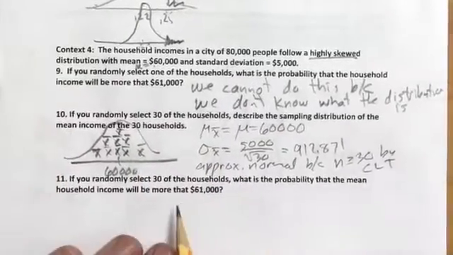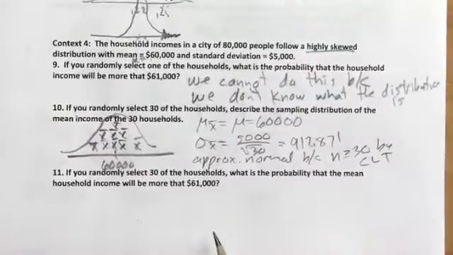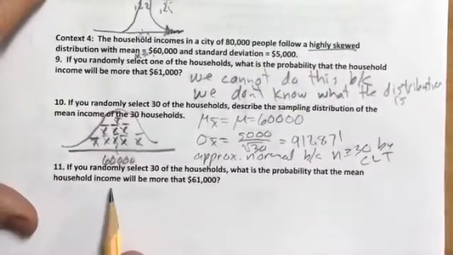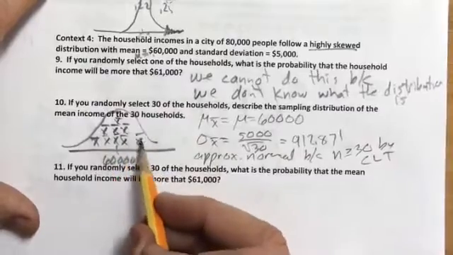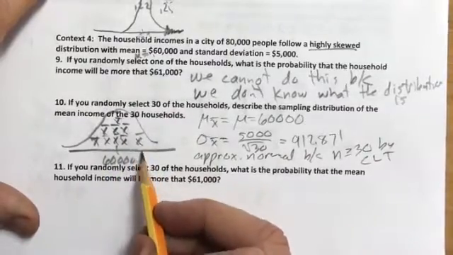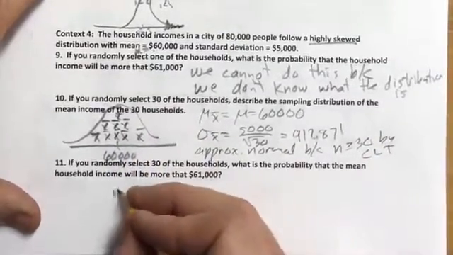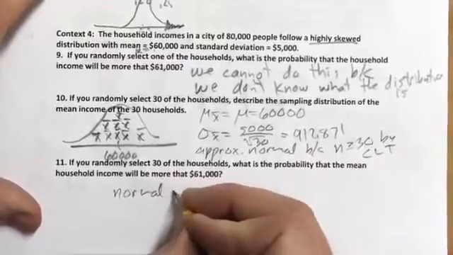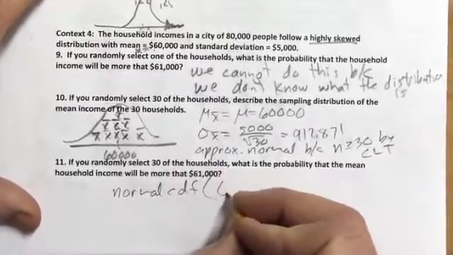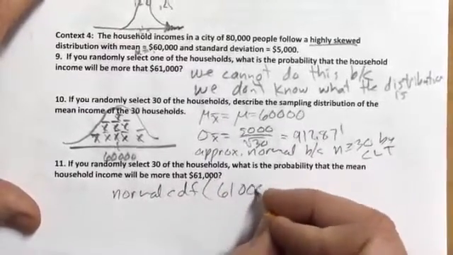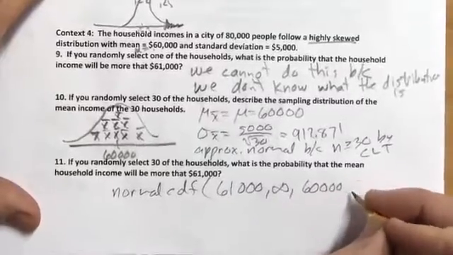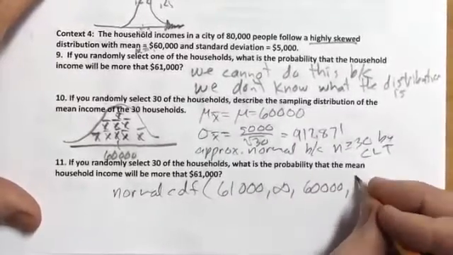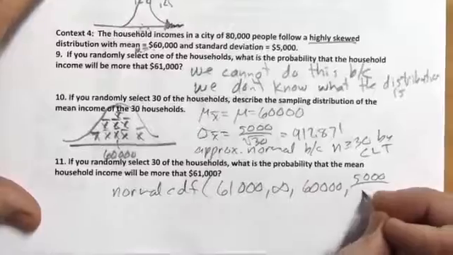So if you randomly select 30 of the households, there's a probability that the mean household income will be more than 61,000. In other words, if you were to randomly select one of these X bars, what's the probability greater than 61,000? So we'll say normal CDF, and it'll be from 61,000 to infinity. Our mean is 60,000. And our standard deviation is going to be 5,000 divided by the square root of 30.